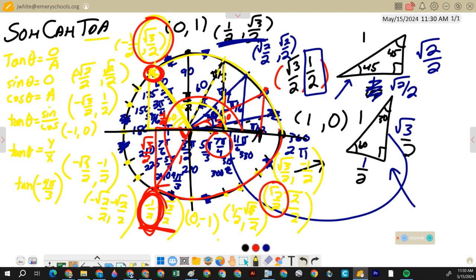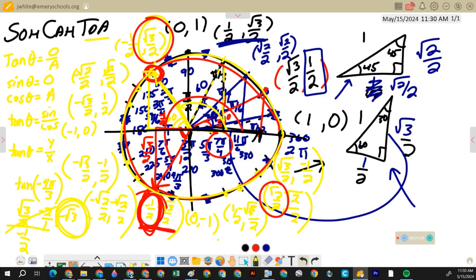So 4 pi over 3 would be all the way to there. So negative 4 pi over 3 would be all the way to there. So I take the y value, root 3 over 2, and I divide it by the x value, negative 1/2. Invert, multiply, negative 2 over 1. The 2's cancel, and I get negative root 3 over 1. So the tangent of negative 4 pi over 3 is negative root 3.